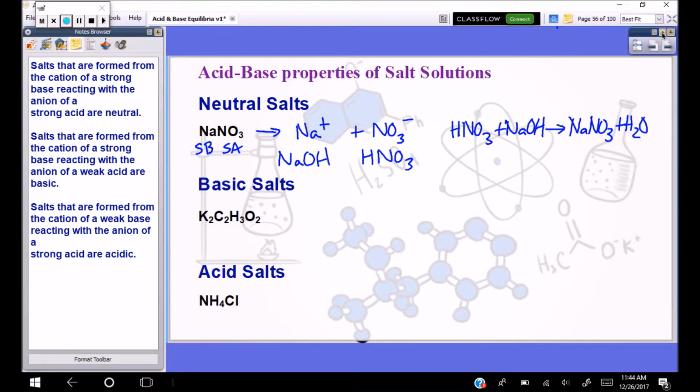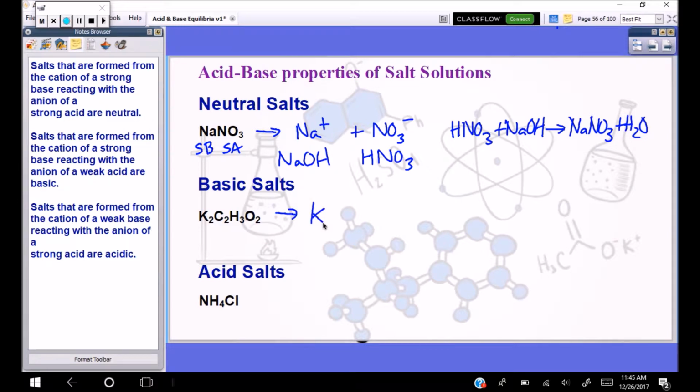So what I have here, just some notes: salts that are formed from the cation of a strong base reacting with the anion of a strong acid are neutral. If we're looking at the second example, salts that are formed from the cation of a strong base and the anion of a weak acid are basic. Now, if we think about that, we can look here.